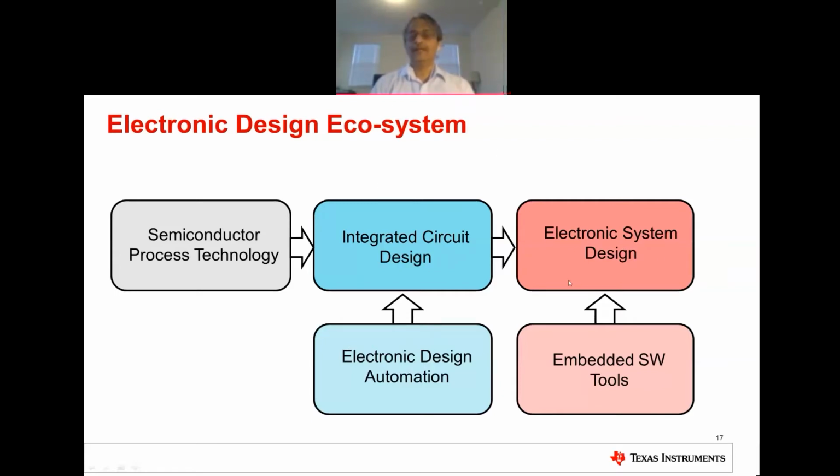And as you go into the electronic system design, since it has embedded processors, they have microcontrollers and DSPs and so on. Embedded software development is important, as I mentioned, and then you need tools. These are compilers, there are simulators and emulators and so on, so that you could develop and debug your embedded software. So this is another area that forms your overall electronic design ecosystem.